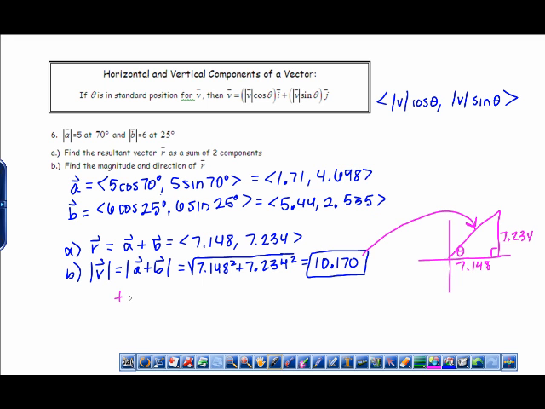You're typically always going to use tangent here. There are ways around it, but that's the convention. And so the opposite, the vertical component, 7.234 divided by 7.148, and that is going to give you your 45.343 degrees. Now again, you don't have to worry about putting this in a different quadrant in this problem, but you could in another problem. Please bring your questions to class.